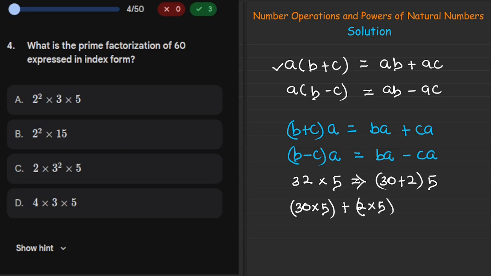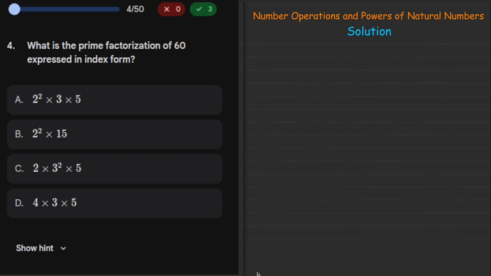Question number 5 says, what is the prime factorization of 60 expressed in index form? So when it comes to prime factorization, we can use either the table method or the tree method.